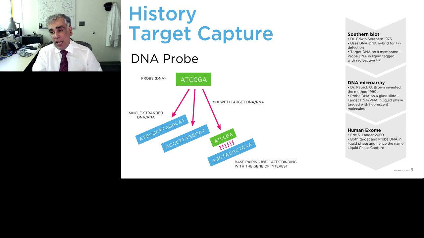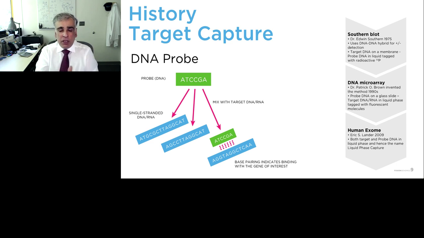And in the case of the human exome, it went a step further, into what is called liquid phase hybridization, and hence the name liquid phase capture, in which both your target and your probe are in a liquid. What changed over here is that when you have your complementary DNA, you attach a streptavidin molecule onto it. So once it attaches to its target, you can put that tube on a magnet, and that way you can take it out of the solution.